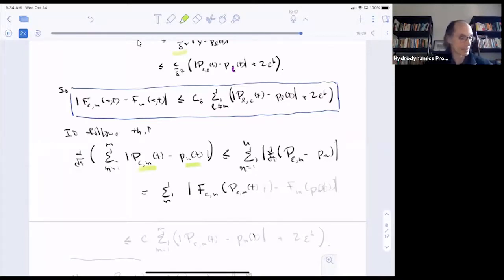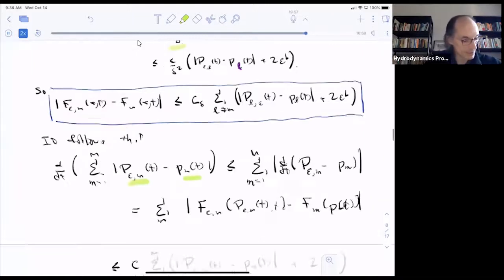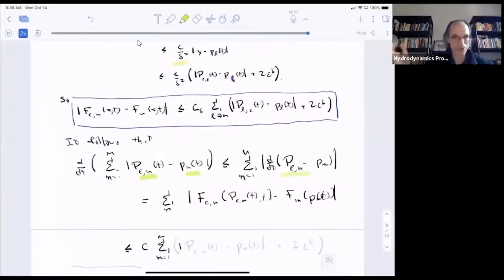And okay, by sort of easy calculus considerations, I can bring the time derivative inside. I just use the chain rule. I just do some easy estimates, and then here I'm using the ODE. So by definition, these are the ODEs that define these trajectories, capital P and little p.